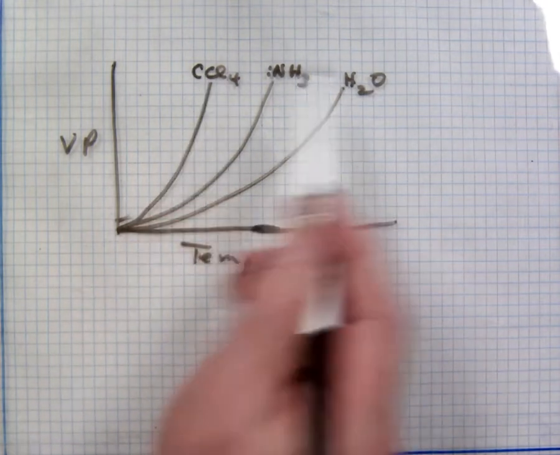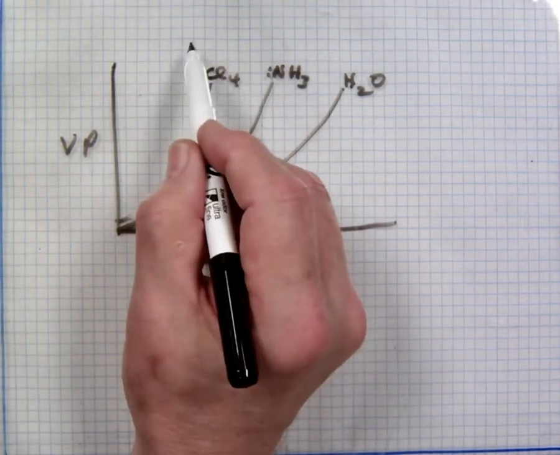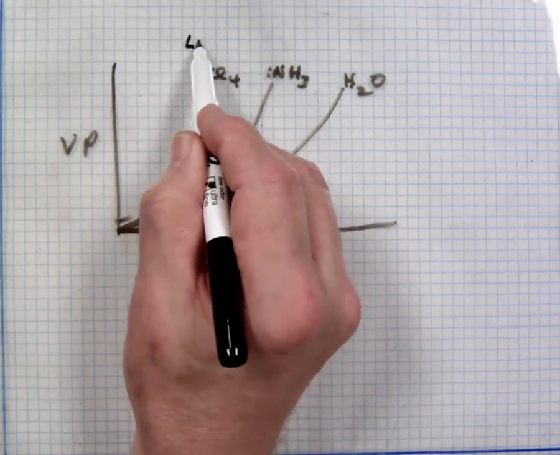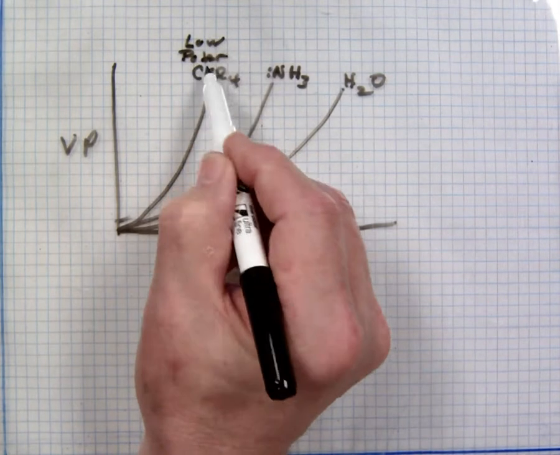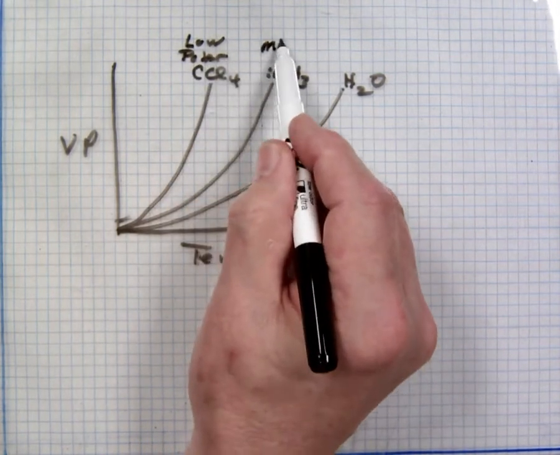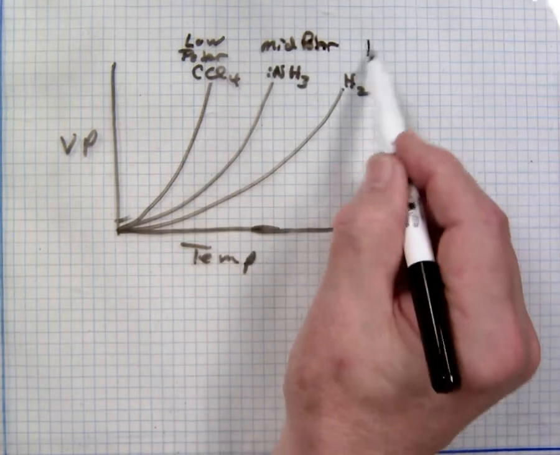Now, the three molecules represent systems. This one has a low polarity, a low polar system, a mid-polar system, and a high polar system.